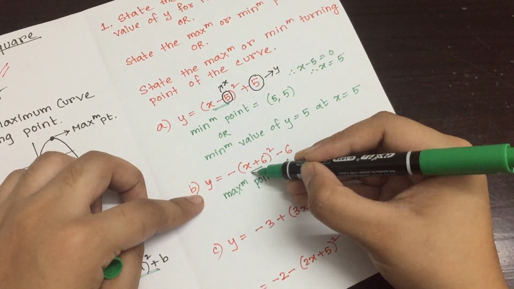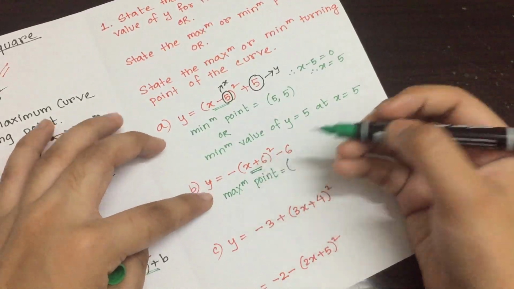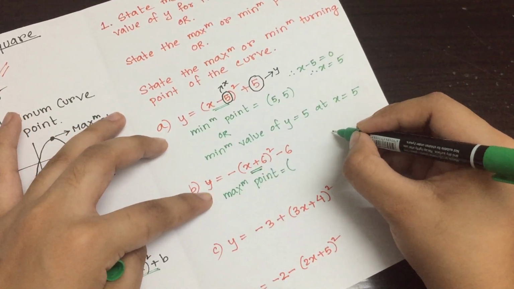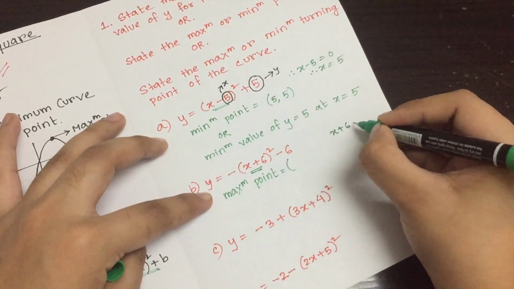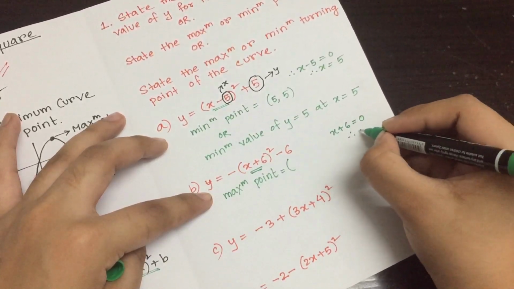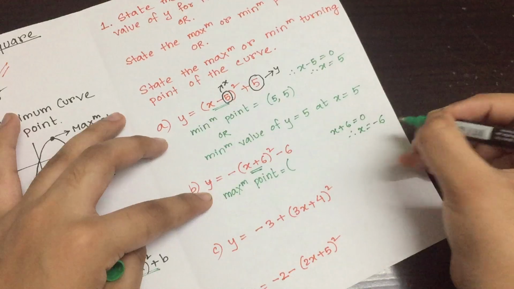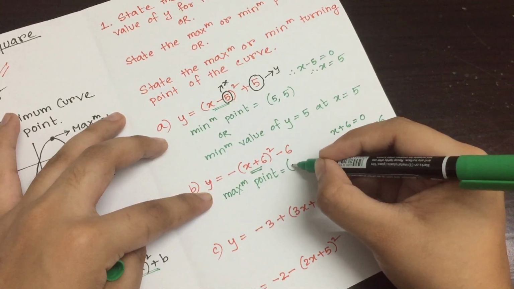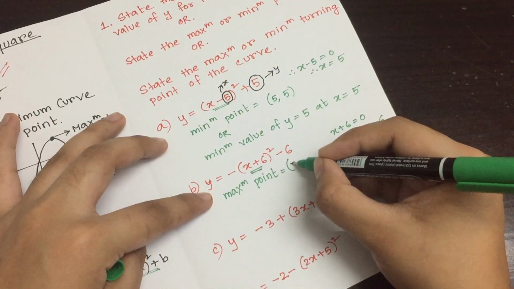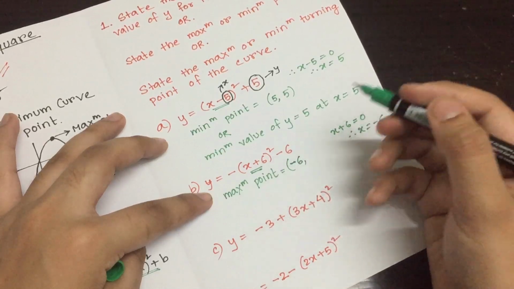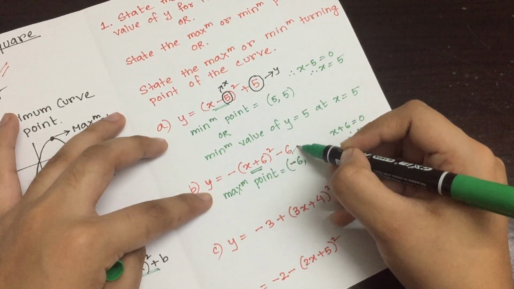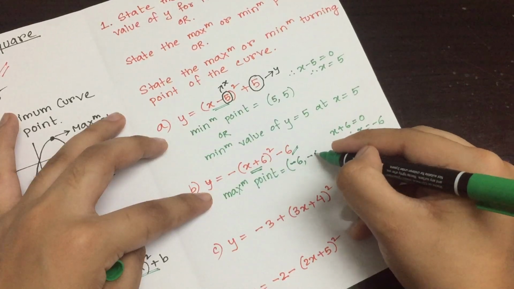We equal the expression inside the bracket to 0. So we write x plus 6 equals 0. So this gives me x equals minus 6. So the maximum point will be of x will be minus 6, and y is this one, which is minus 6.